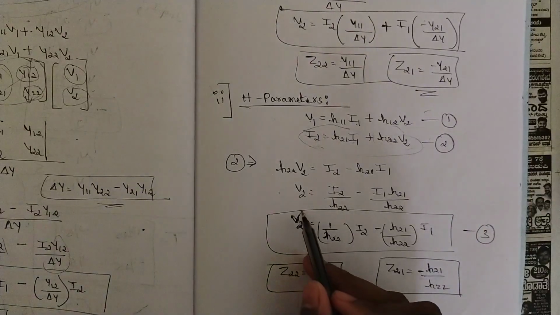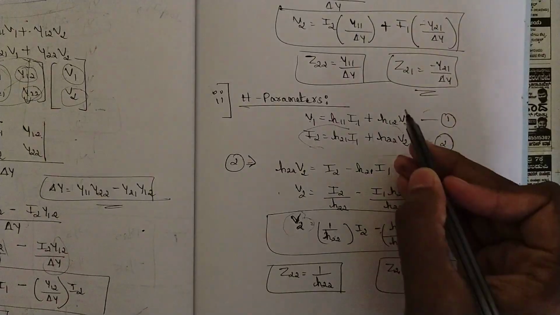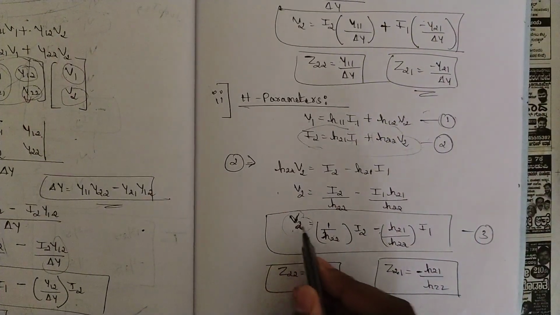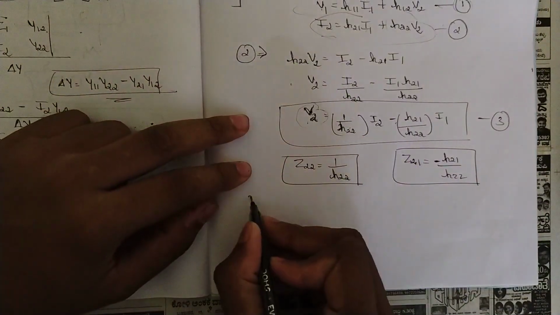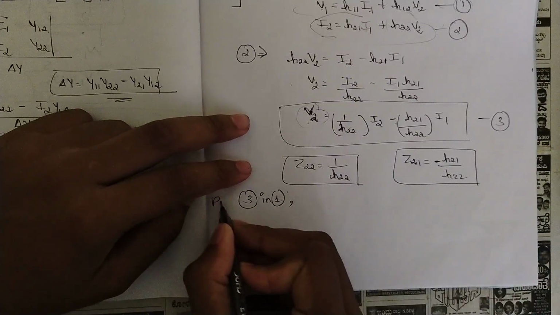Now we should be substituting this value of V2 in the equation which we have not considered. That is, we have not considered equation 1 and solved, right? So substitute this value of V2 in equation 1. That is, put equation 3 in equation 1, and solve.